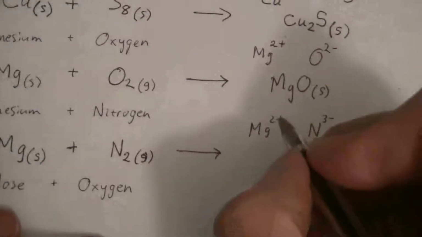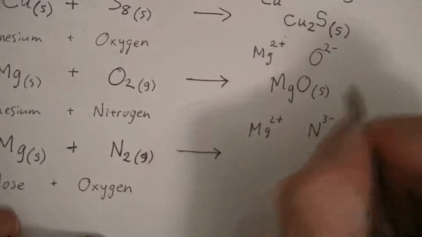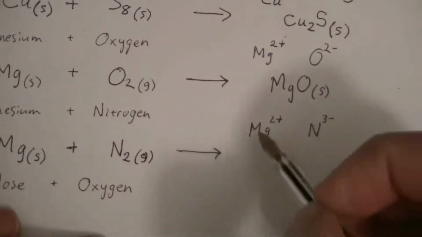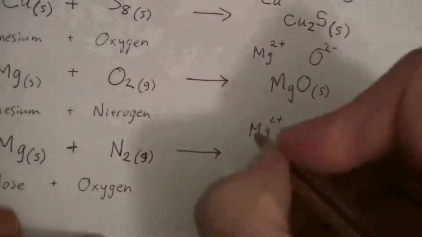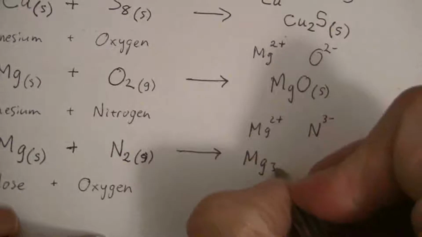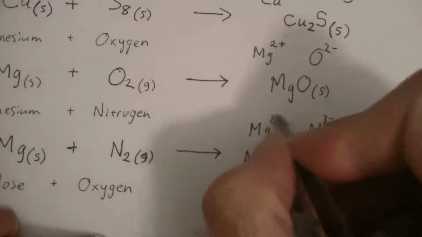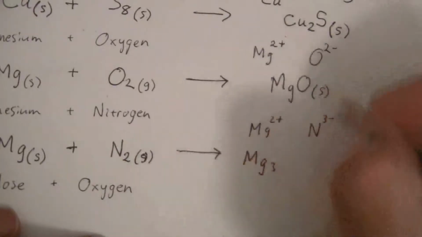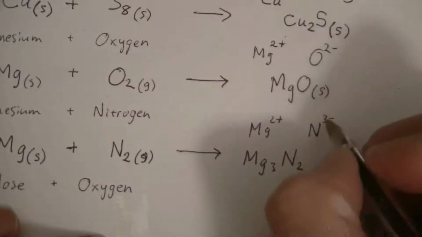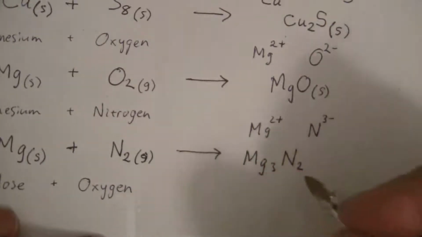All right, so I have to look at this and say, I need, and you can do the little crisscross thing, Mg3N2. That will work because I have to have 3 magnesium ions to get a positive 6 charge, and 2 nitrogen ions to get a negative 6 charge.